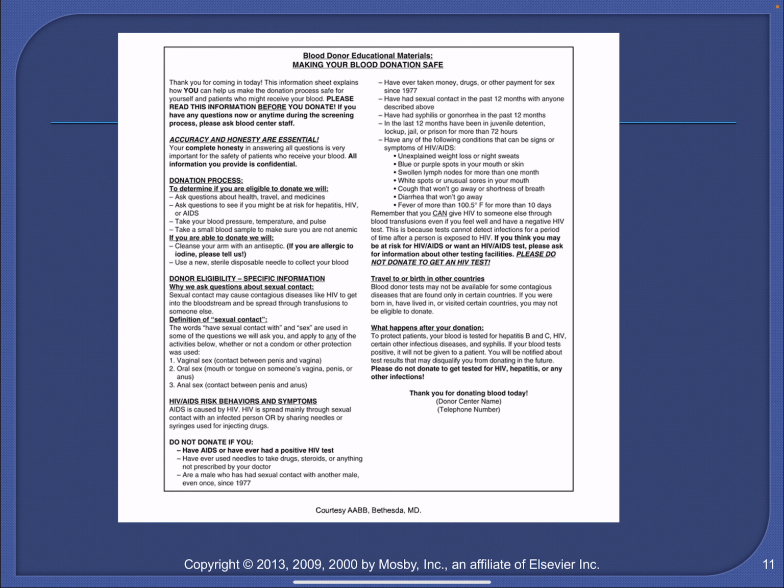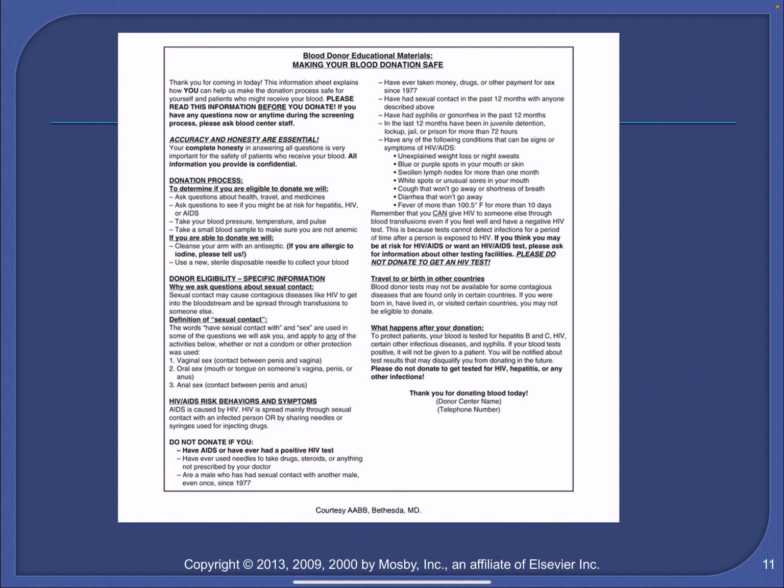So basically, a thank you note, some information to determine if the person is eligible to donate, if they are, what the process is going to be, what the phlebotomist is going to do, and some questions that will be asked about sexual contact and HIV/AIDS risk behavior, and some questions that pertain to all of that.